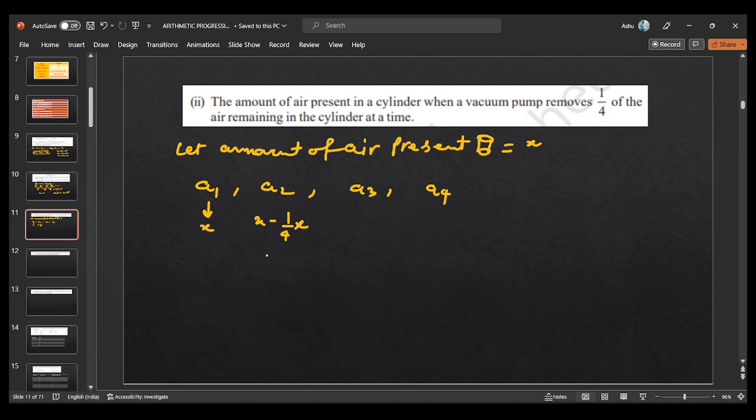It will be 3 by 4 x. Then again 3 by 4 x will be the present air, but 1 by 4 we will subtract, we get 2 by 4.